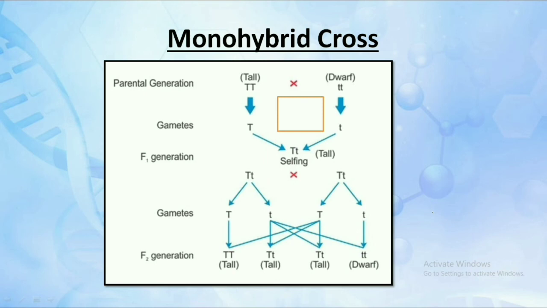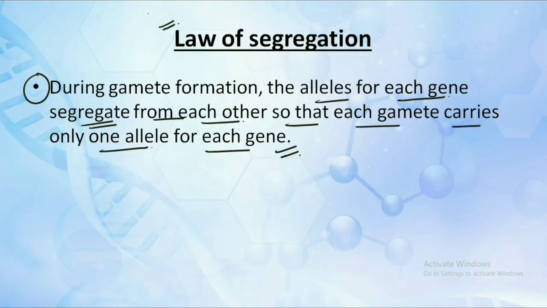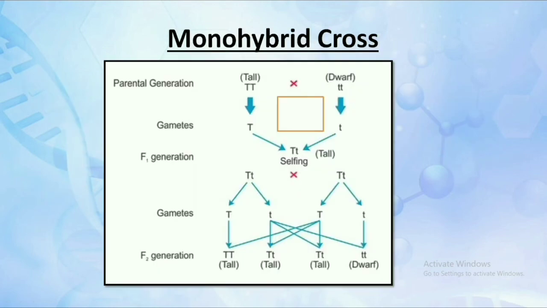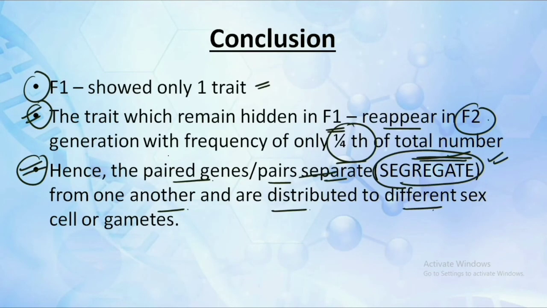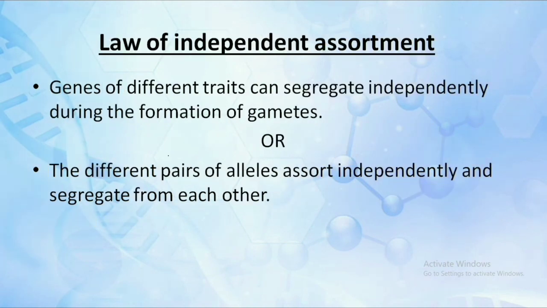That is, during gamete formation, the alleles for each gene segregate from each other so that the gamete carries only one allele for each gene, as we have discussed in detail. So this was about the monohybrid cross and the second law.